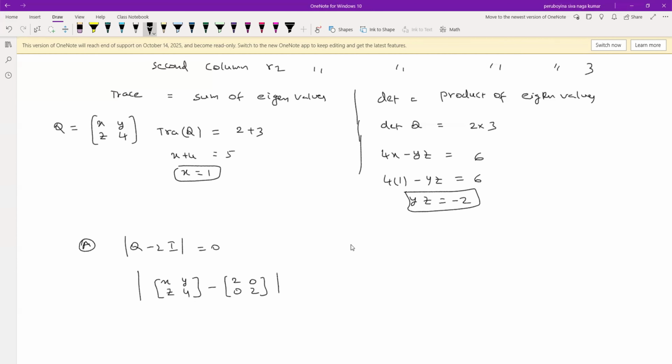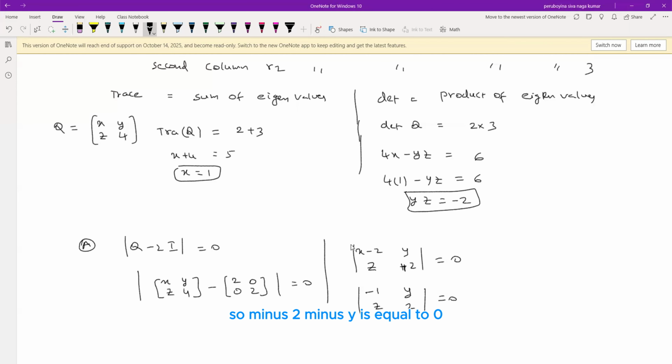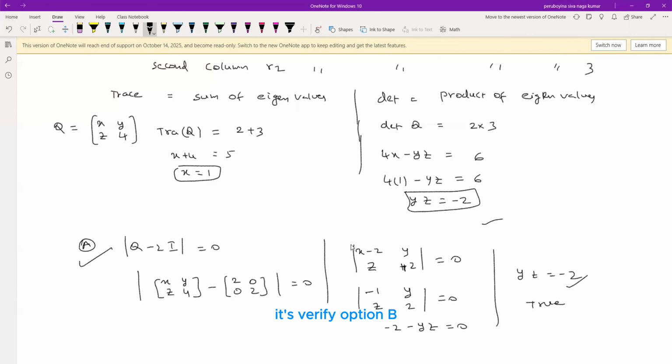Det of this, they are saying 0. So this is X minus 2, Y, Z, and 4 minus 2, 2. Is it 0? Substitute X value 1. So minus 1 times 2, so minus 2 minus YZ is equal to 0, meaning YZ is equal to minus 2. Yes, it is true. Let's verify option B.